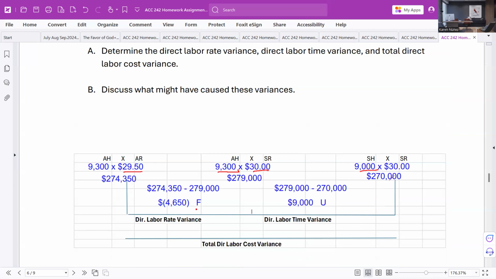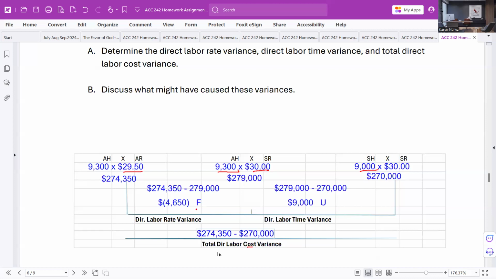And when we put these pieces together, the cost variance is going to be unfavorable, right? Because they spent too much, 274,350 versus a standard of only 270,000. That labor costs too much. So we're going to have an unfavorable cost variance. So we're just subtracting the two ends: 274,350 minus the 270,000.